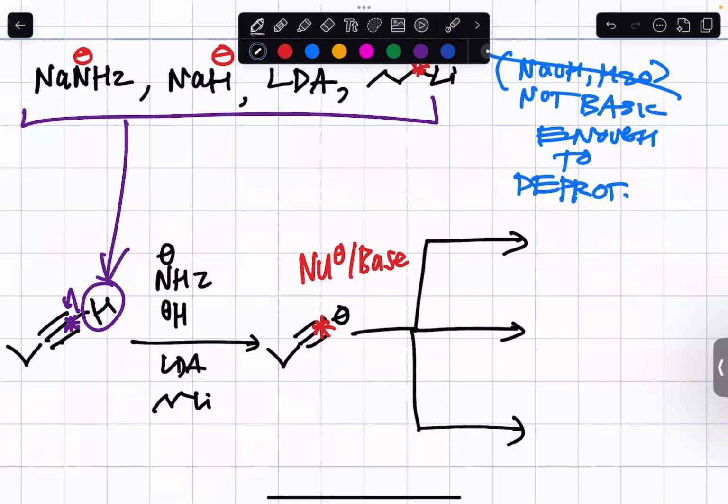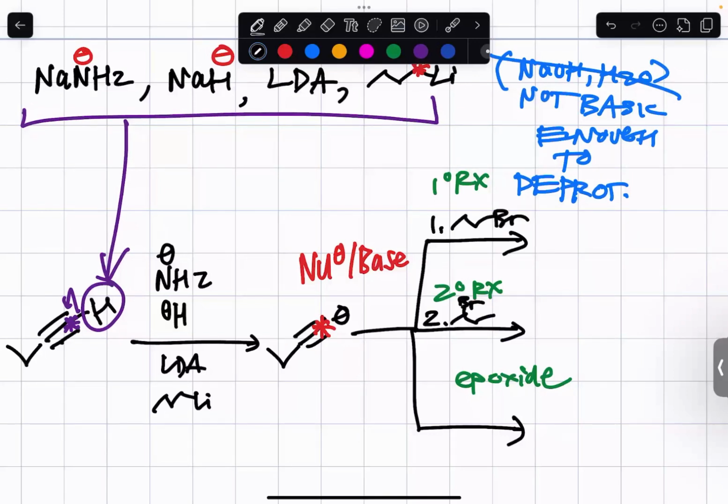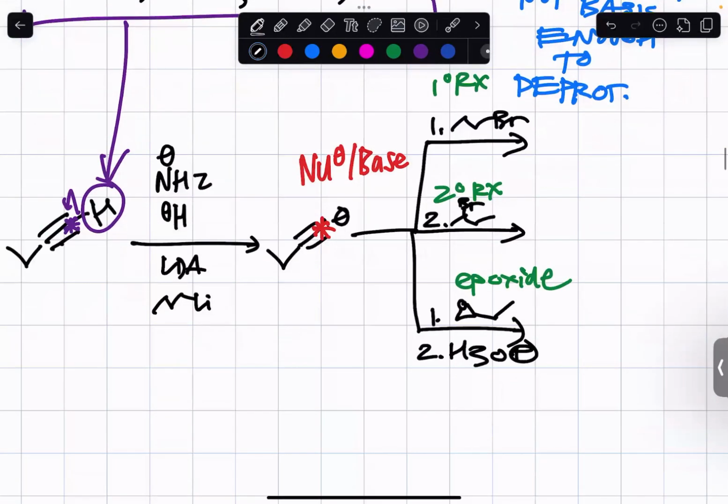And you need to know 3 of them: a primary haloalkane, secondary haloalkane, and epoxide with an acid workup, right? So examples here. Like that, right? So let's say this is reaction 1, reaction 2, reaction 3.